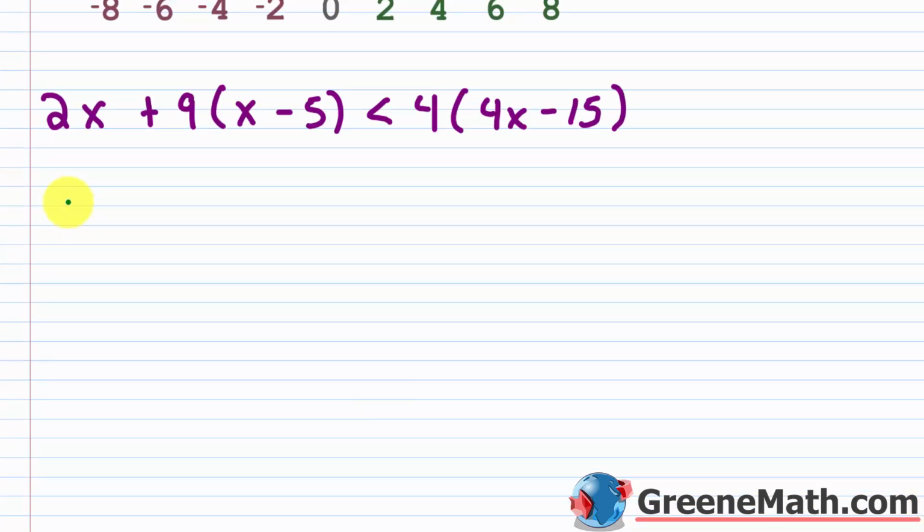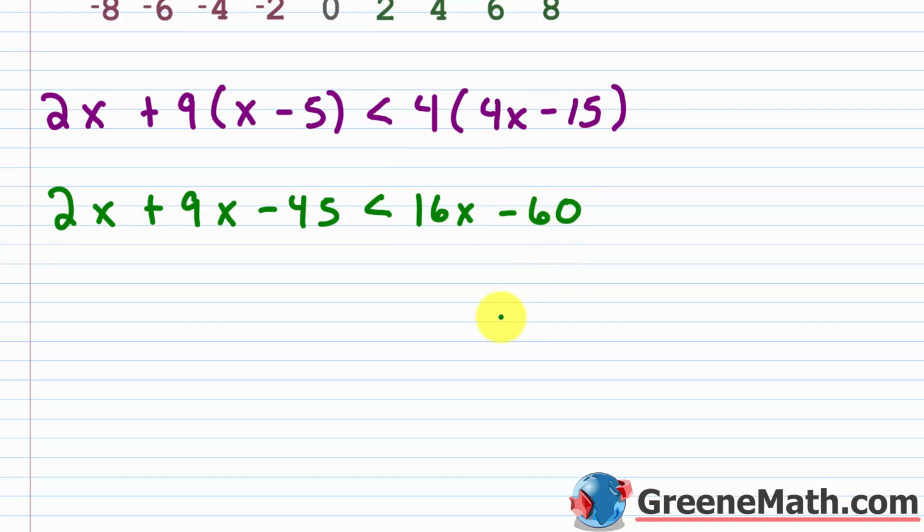Over here I have my 2x, and then plus 9 times x is 9x, and then 9 times negative 5 is negative 45. This is less than 4 times 4x is 16x, and then 4 times negative 15 is minus 60. All right, 2x plus 9x is 11x, and then minus 45, and this is less than 16x minus 60.